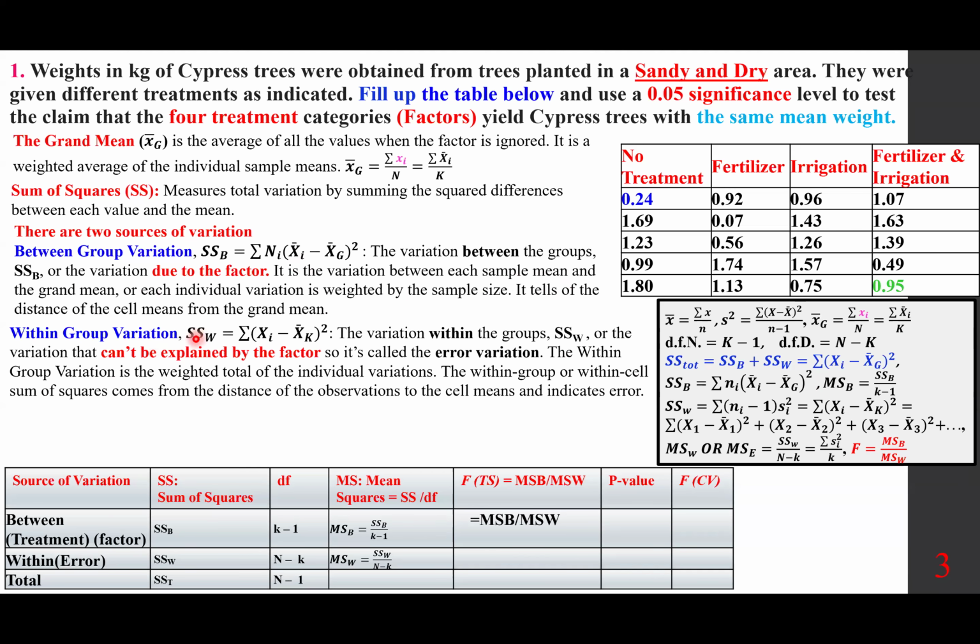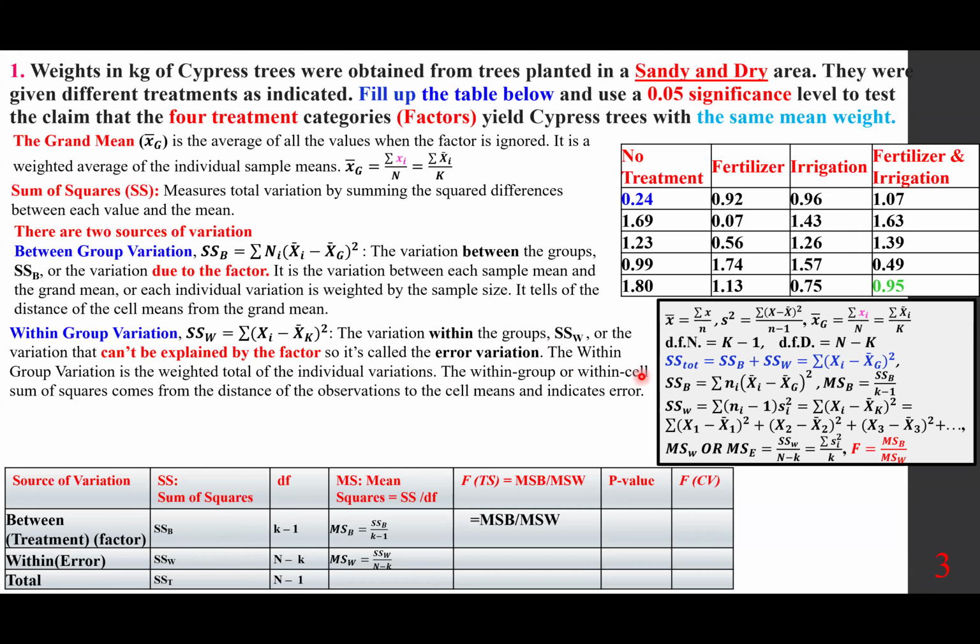Within group variation, SSW, is the summation of x sub i minus x bar sub k, quantity squared. The variation within the groups, SSW, is the variation that cannot be explained by the factor, so it's called the error variation. The within group variation is the weighted total of the individual variations.